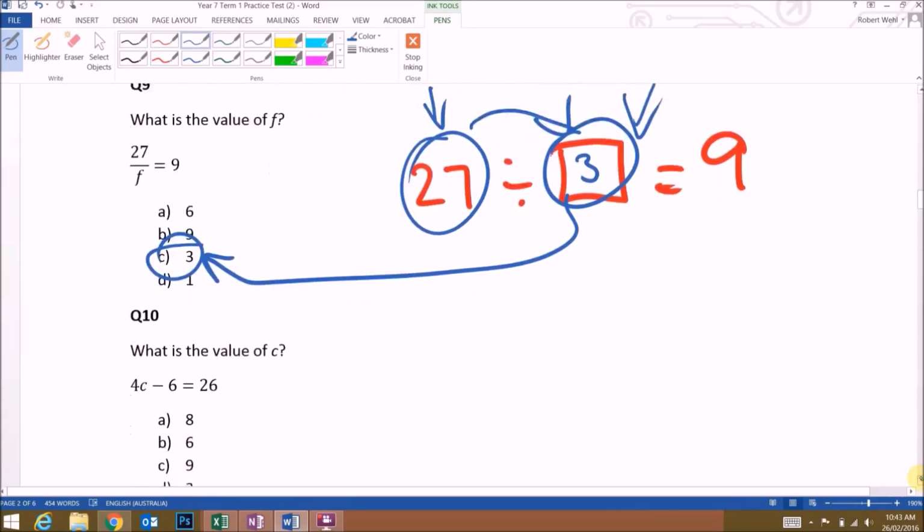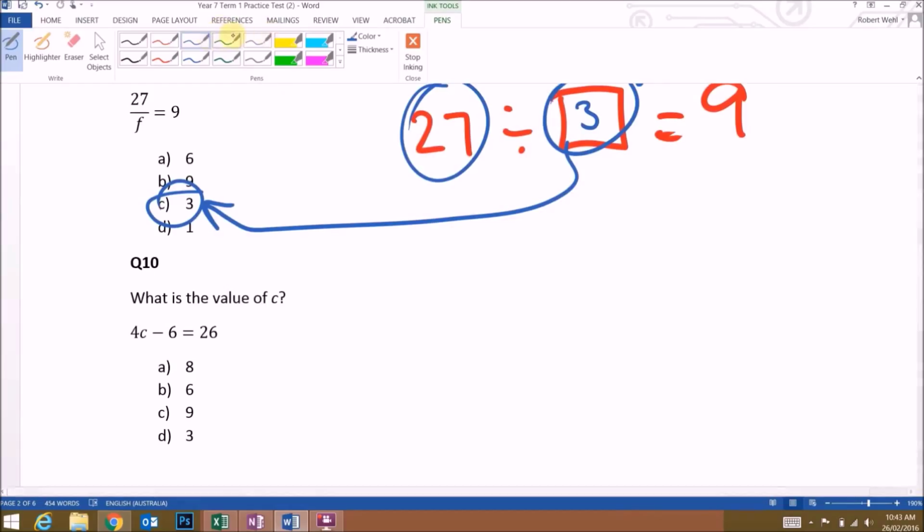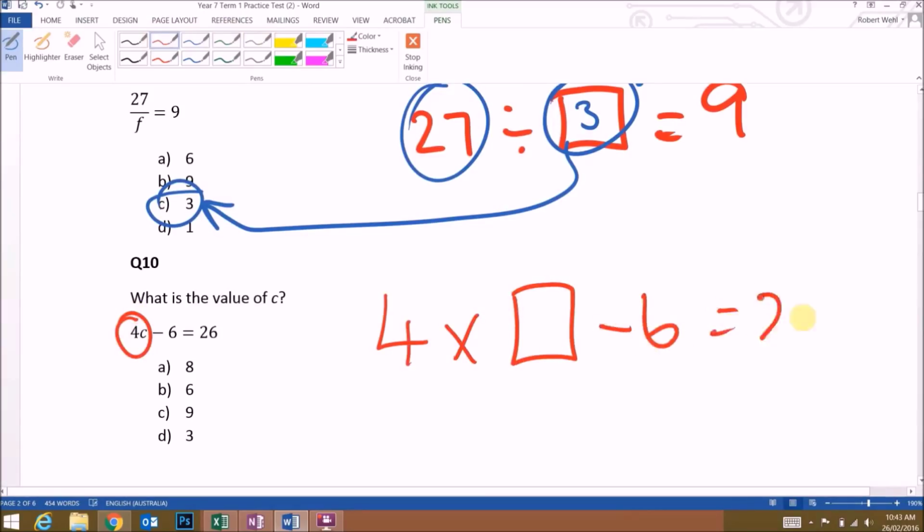What is the value of C in this one? So once again, you can rewrite this if you're struggling to understand. 4 times something, because that's what this is. It's saying 4 times C, take away 6 equals 26. We can guess and check here. Here are our options.